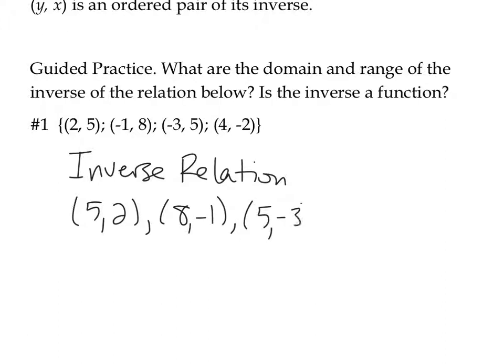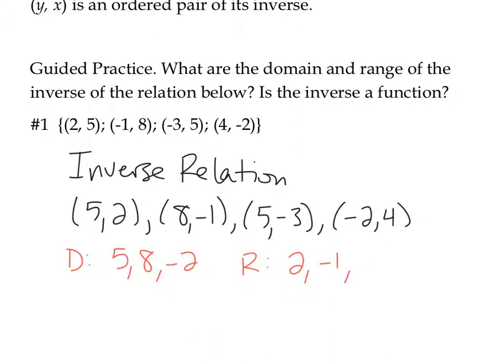So the domain, put a D for domain, would be 5, 8, and -2. We don't have to list anything that's repeated two different times, so we're not going to have to write the 5 twice. The range would be 2, -1, -3, and 4.